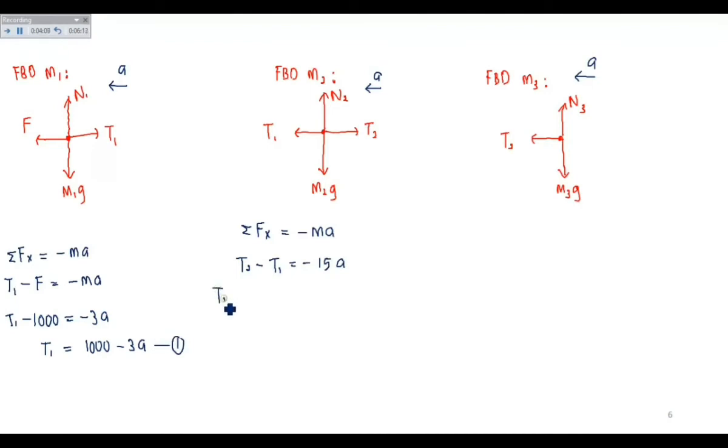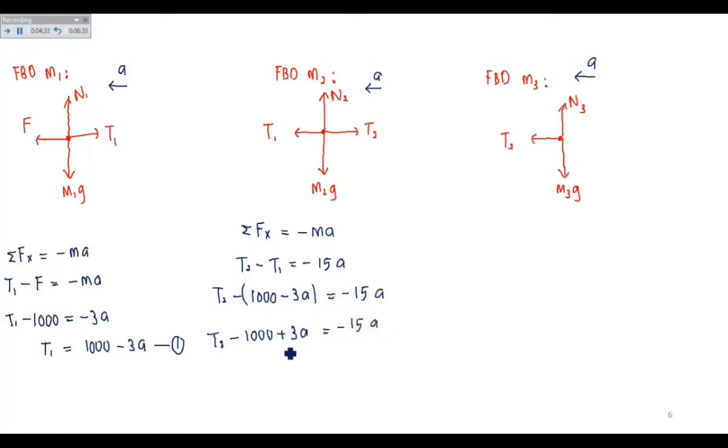So T2 minus 1000 minus 3A equals to negative 15A. So T2 minus 1000 plus 3A equals to negative 15A.